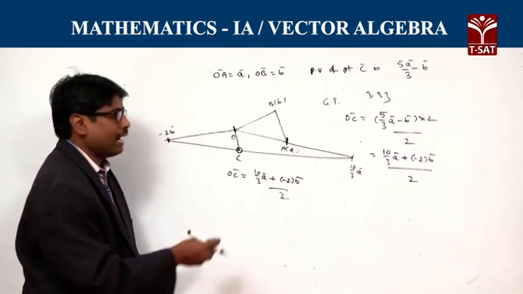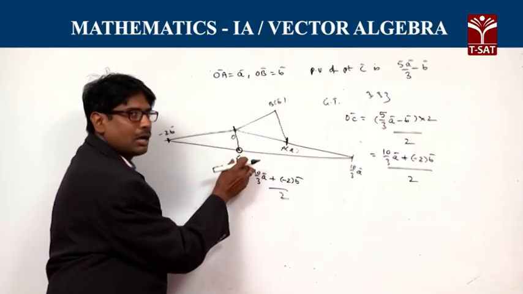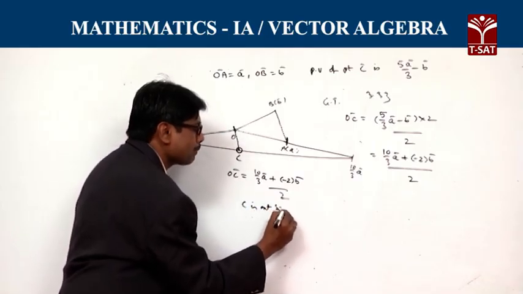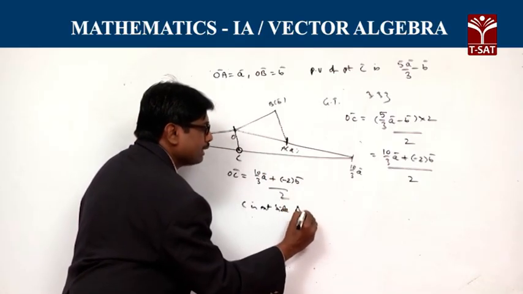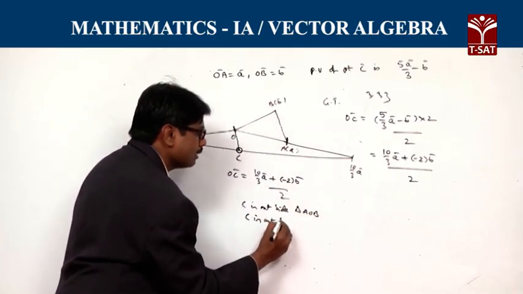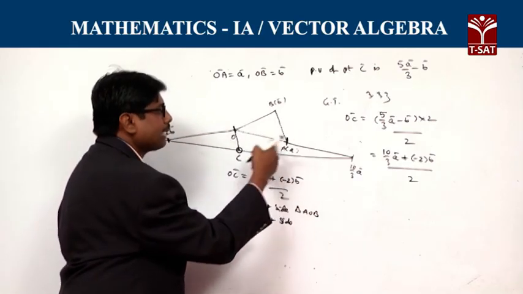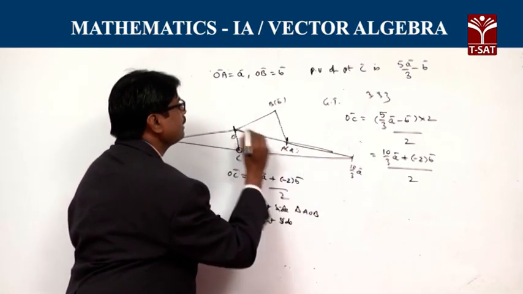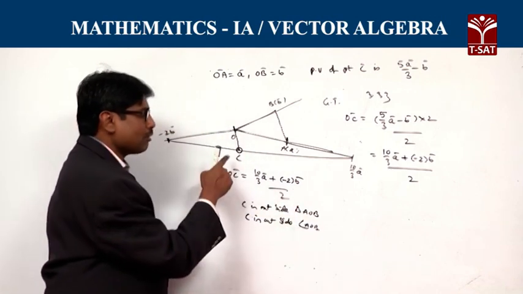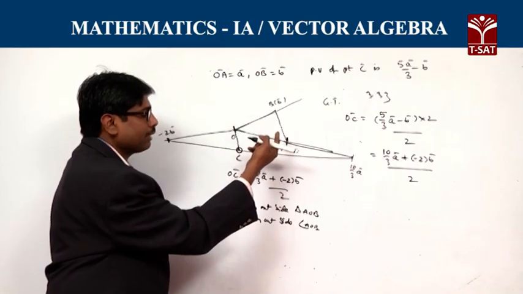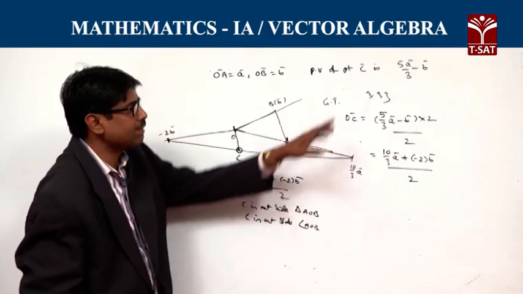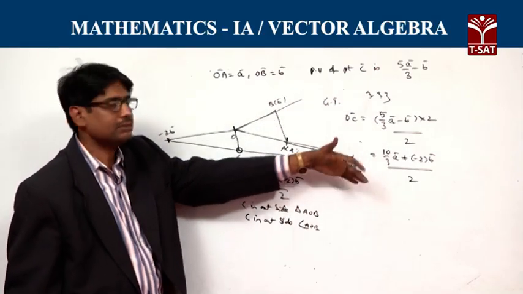Obviously, we noticed that the point C is outside triangle AOB, as well as C is outside this angle AOB also. If you extend this angle, it is outside angle AOB. So, the location of point C with respect to the triangle and angle will be outside. So, to find the location of the point, when it is given, you express it into the midpoint form, then locate the point.